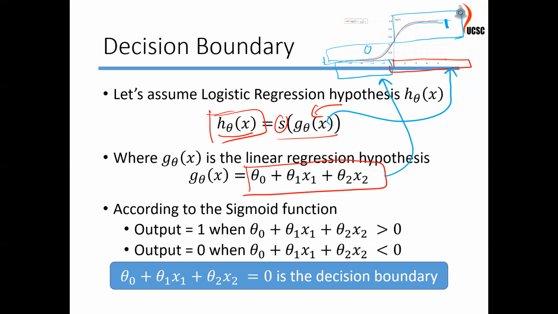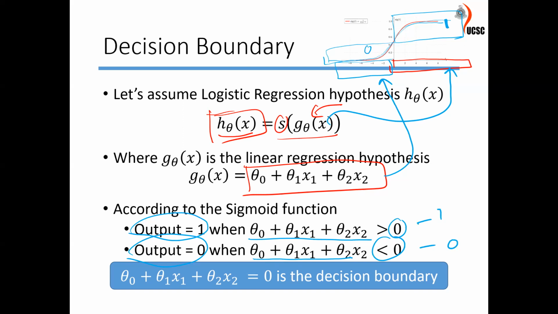Then you can come up with the decision boundary. If your linear regression gives a positive value, that falls under 1. If it gives a negative value, that falls under 0. So this will give class 1, this will give class 0.